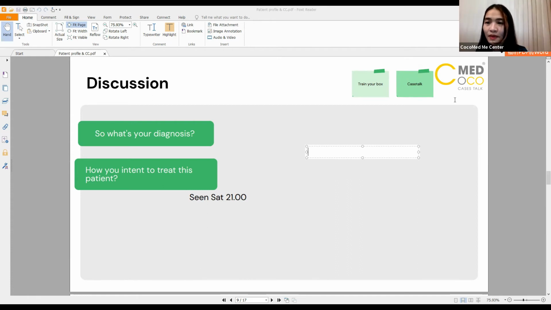Besides antibiotics, you also take care of the valve. For this case, sometimes they recommend valve replacement, to make sure the heart function is maintained.